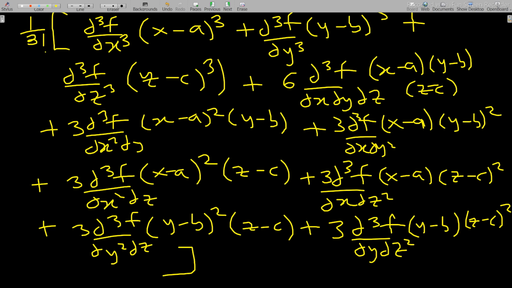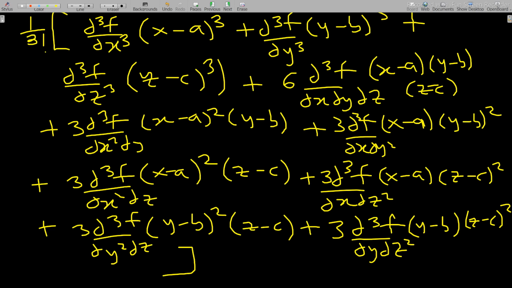So after everything you can multiply the whole of these through by 1 over 3 factorial, and some will be cancelling. You go ahead and do that on your own. I've simplified it for you.